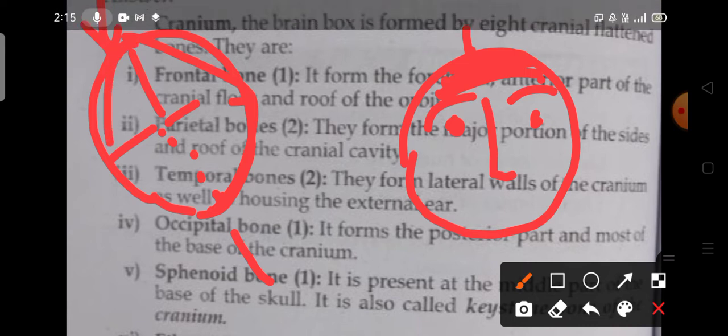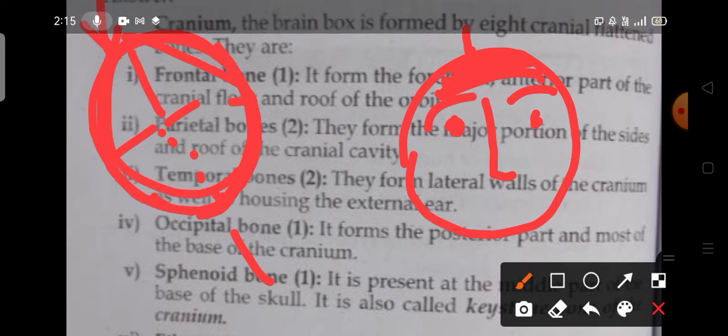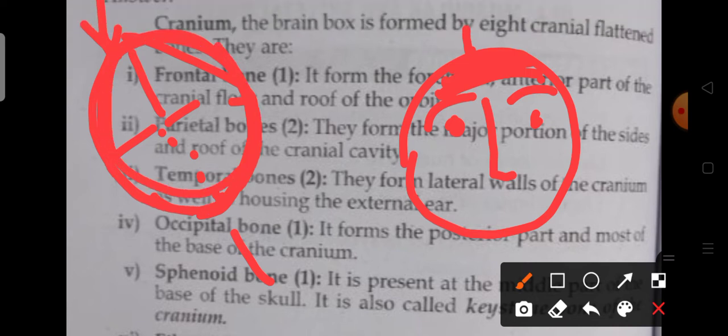The parietal bones form the major portion of this upper part of the brain, on the left side and right side, the upper portion. They form the major portion of the sides of the roof of the cranial cavity. Upper is nothing but the roof of the cranial cavity.